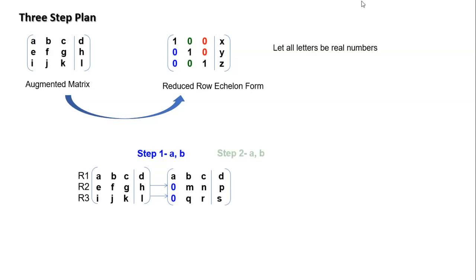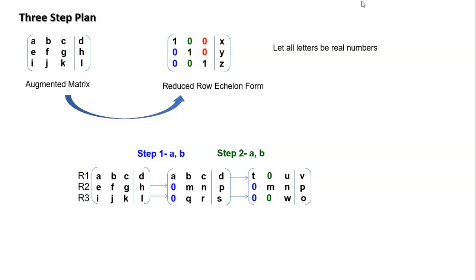Then the next step is you're going to use row 2 to get a new row 1 and a new row 3, and you want B and Q to be 0 now. When I do this, you see that the M stayed the same.